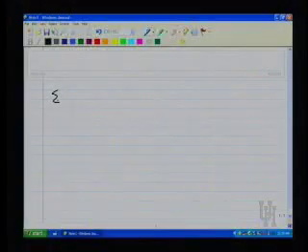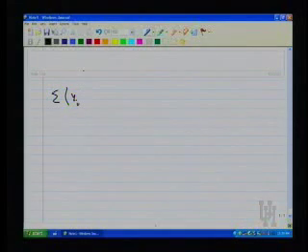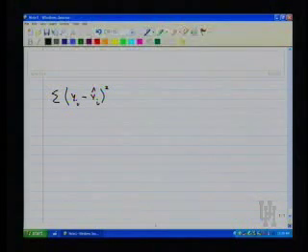That is, to minimize the sum of y_i, the actual y-scores, minus y-hat_i, the predicted y-scores, squared. This is the least squares criterion.